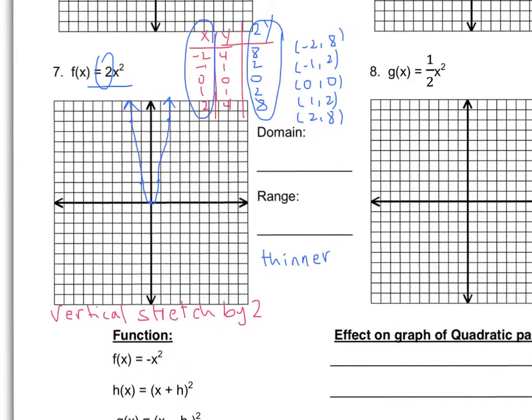So every time you are multiplying x squared by a number, it's either a vertical stretch or a vertical compress. If you are multiplying by a number greater than 1, that's a vertical stretch. And when you look at the graph and compare it to the main graph, it's going to be thinner.